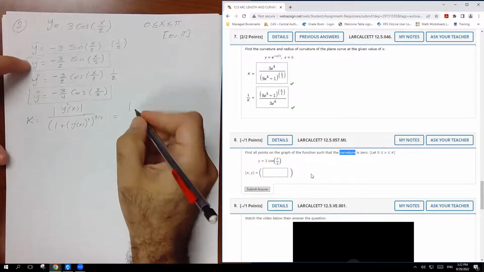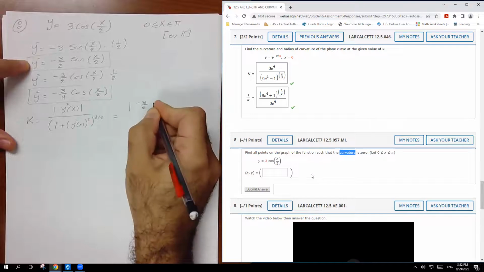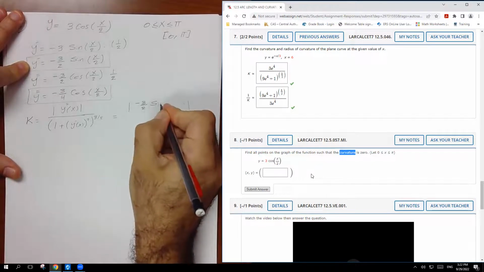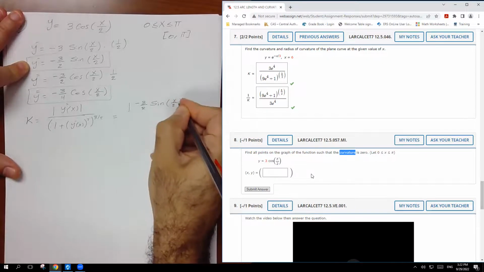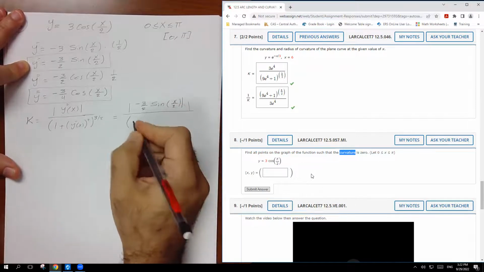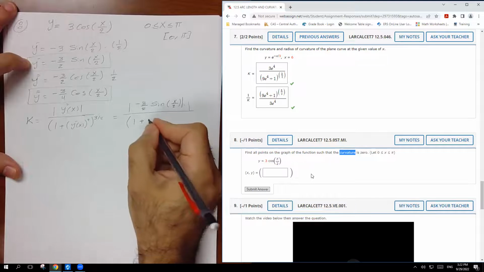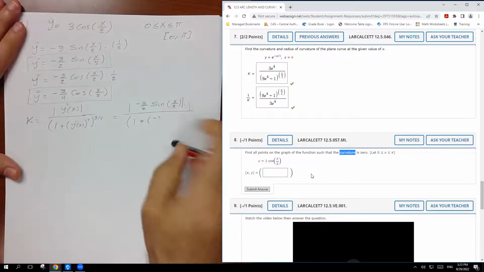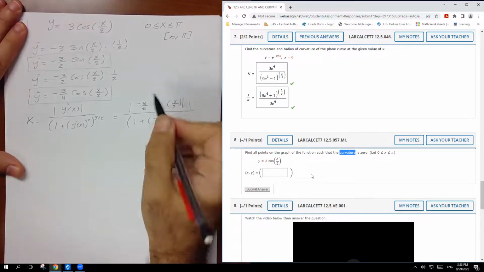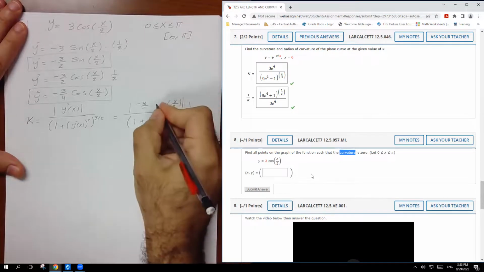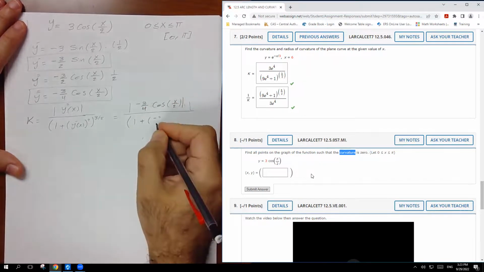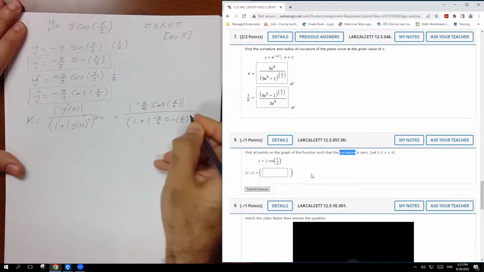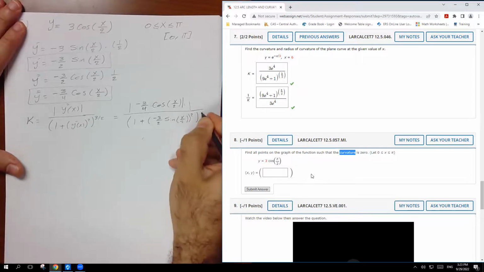It's going to be the absolute value of y double prime, which is negative 3 over 4 cosine x over 2, over 1 plus y prime, which is negative 3 over 2 sine x over 2, and this is squared, and everything is to the 3 over 2.